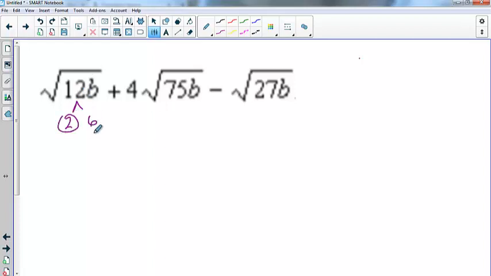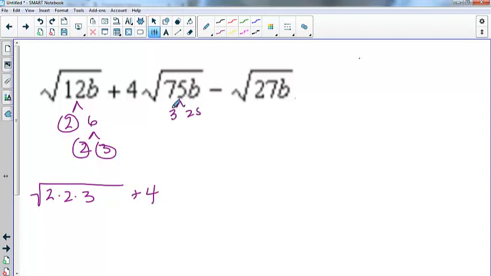2 times 6. 2 is prime, 6 is not. 2 and 3. Okay, so this first one is radical 2 times 2 times 3 times b, plus 4. What can I do here? 3 times 25. 3 is prime, 25 is not. 5 and 5.